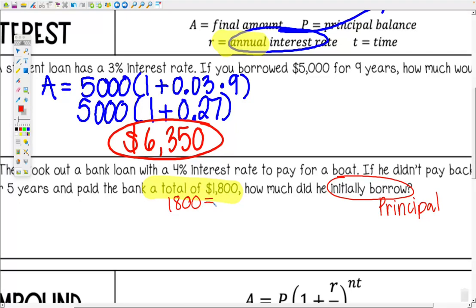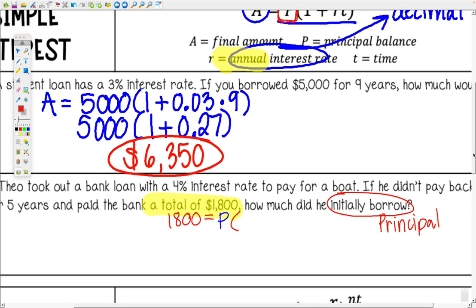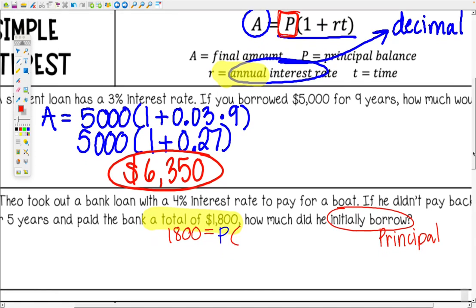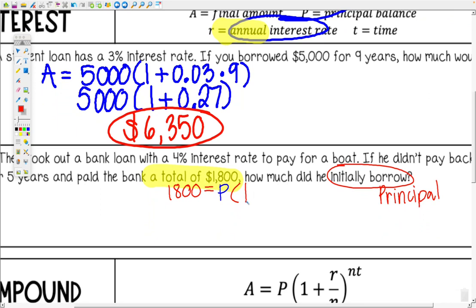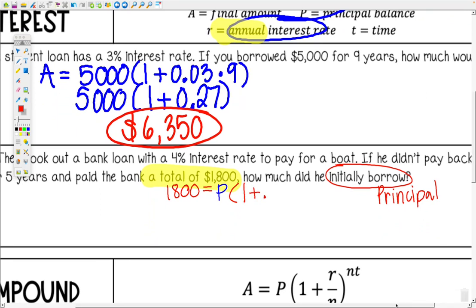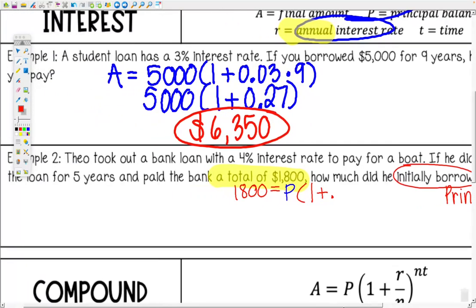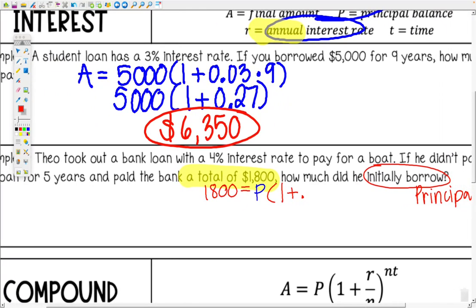And then I need to put a variable for what I'm trying to solve for. The rest of it comes straight from the formula: 1 plus R times T. So this is going to be 1 plus the rate, and we have to make sure we write it as a decimal. It's 4%, so 0.04.